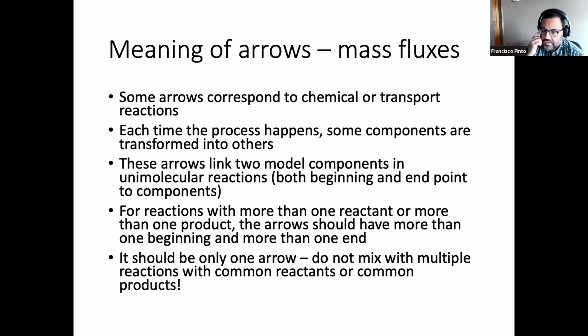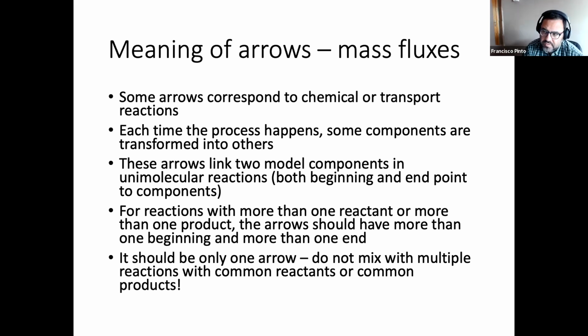So you have to have a way to compute how many times per unit of time that process happens. So you have to identify all the mass fluxes, and all the mass fluxes will have a rate associated with them.